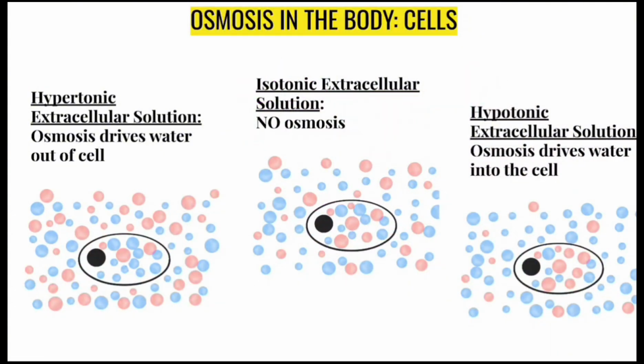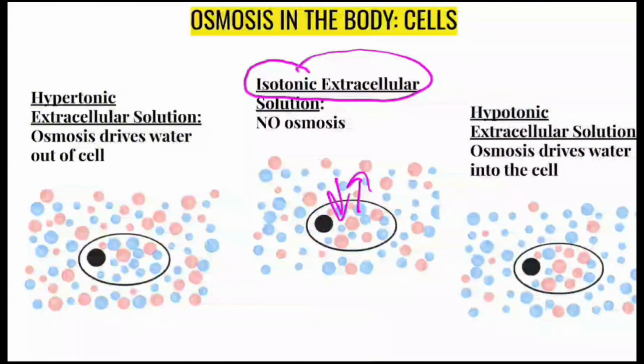We don't want water going into and out of our cells. So we want our cells to be in an isotonic extracellular solution, meaning it has the same tonicity as what's inside of the cell. That's important. And generally, that's what our cells live in. But what happens if we have our cells not in that situation?